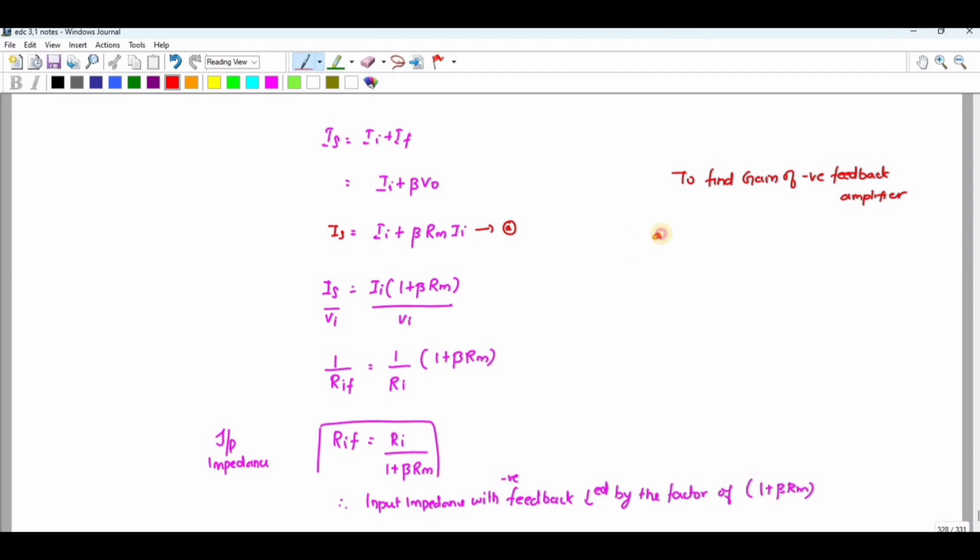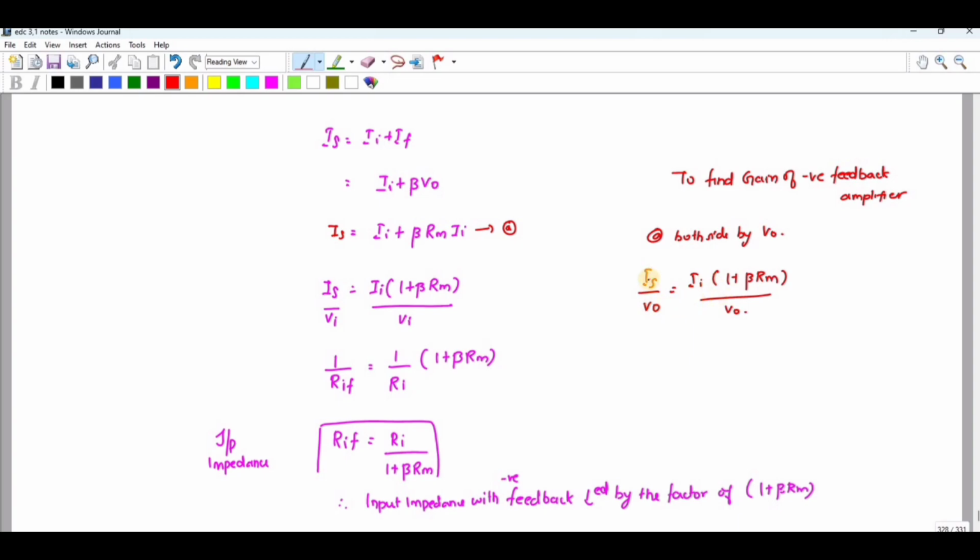If that is the case, Is by V naught is equal to Ia, taking it common, 1 plus beta Rm divided by V naught.